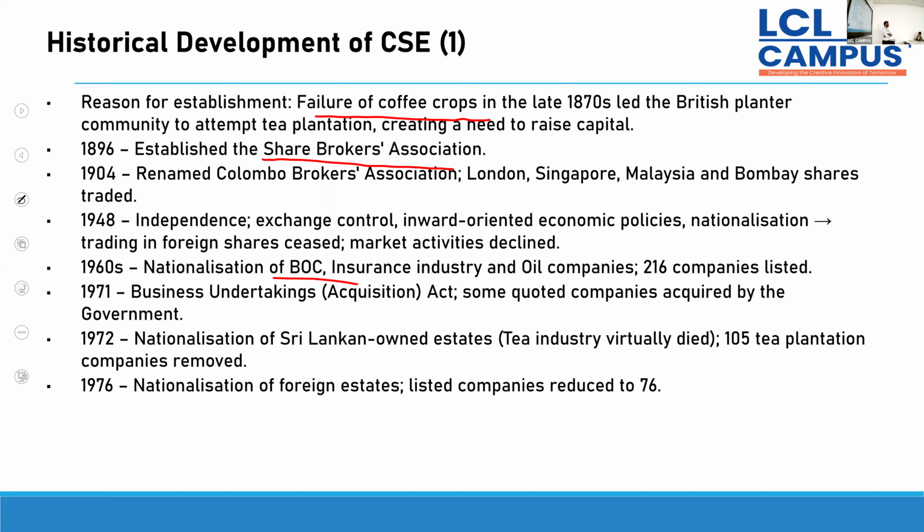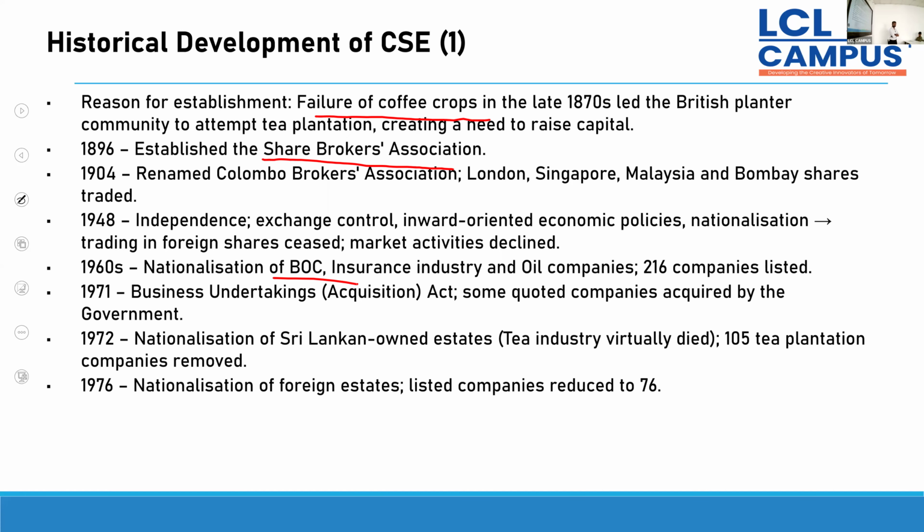1971, acquisitions happen. Acquisition means? Very good. One company is acquiring another company. Very good, right? Some quoted companies were acquired by the government. Some companies were acquired by whom?